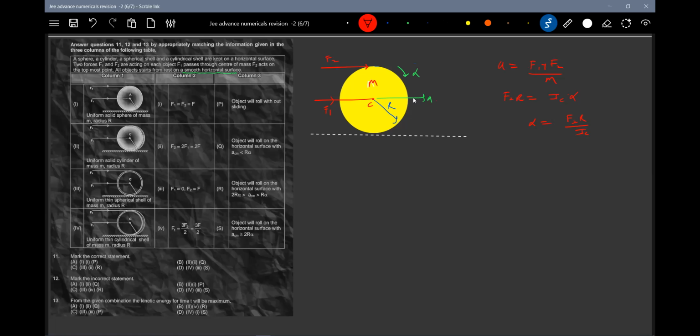I think now I'll do one thing. I'll bring first one solid sphere, solid cylinder. Next spherical shell, then cylindrical shell.